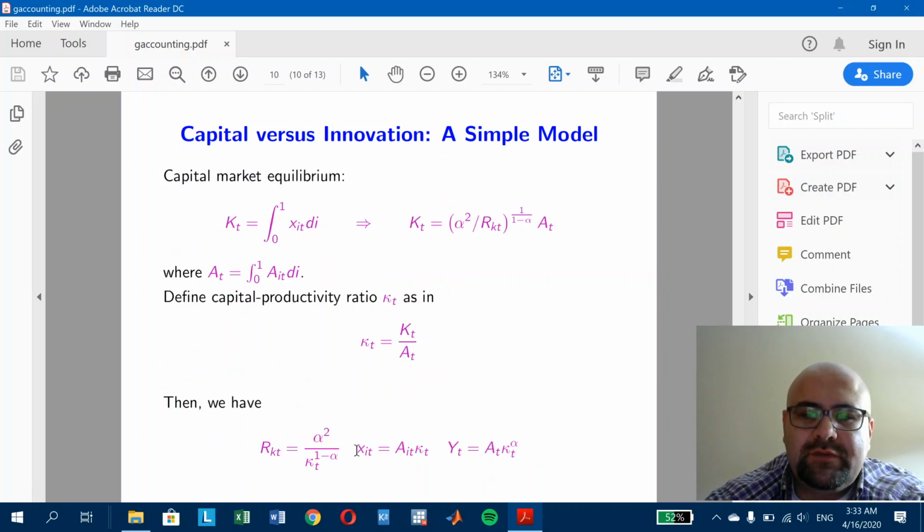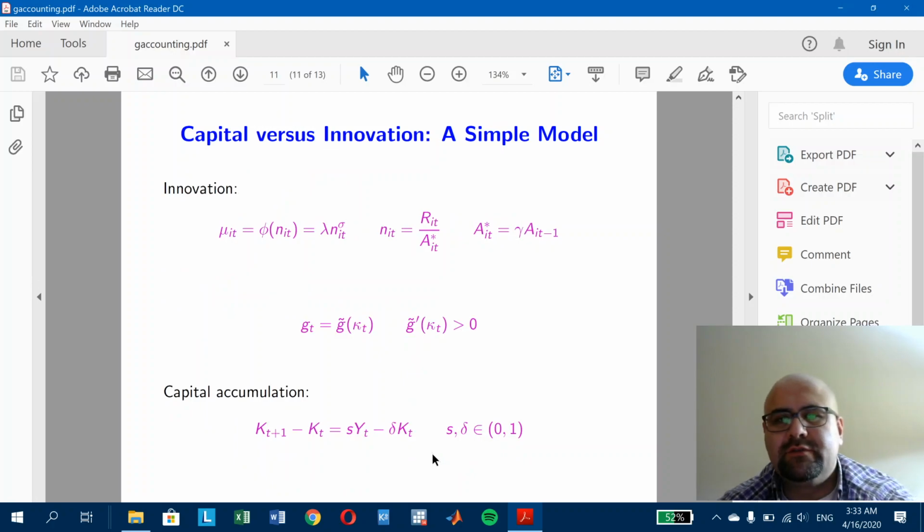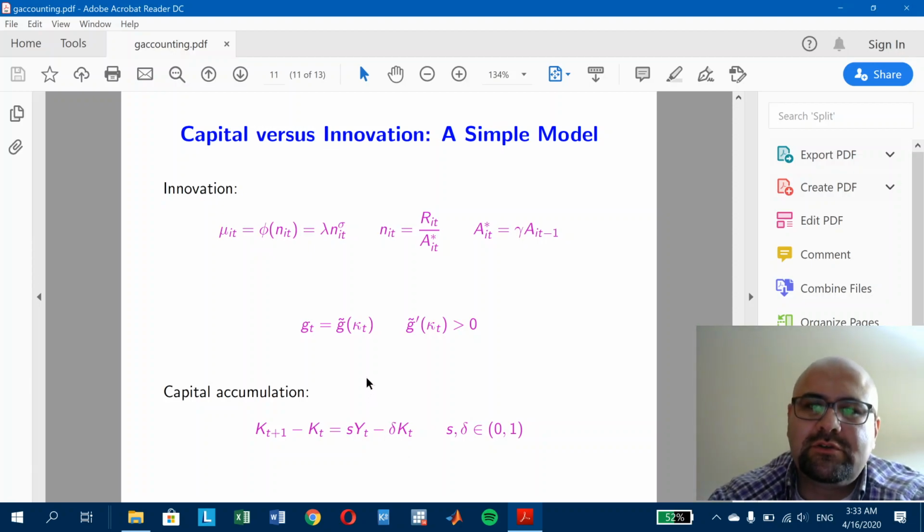Remember that once we know this, we can write profit. And why is profit important? Because there will be innovators, and innovators will be looking to the future profits that they may obtain. Remember that part of the story of the Schumpeterian model. So we had the success probability.